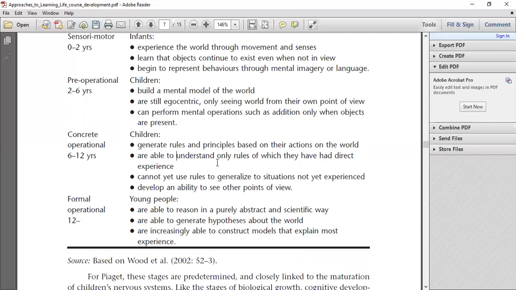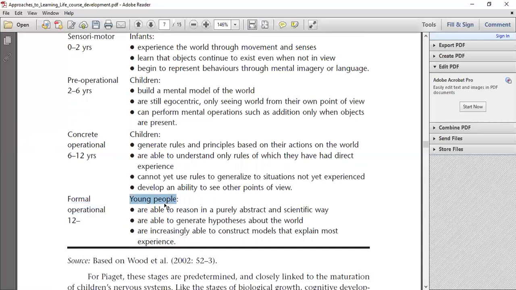But if teacher is going to ask a little complex word problem, which still requires addition, subtraction, multiplication, division mathematical functions, the children at this stage may not be able to do it because they are still unable to generalize the principles of mathematical functions onto other situations, right? So that comes when they are at the formal operational stage.